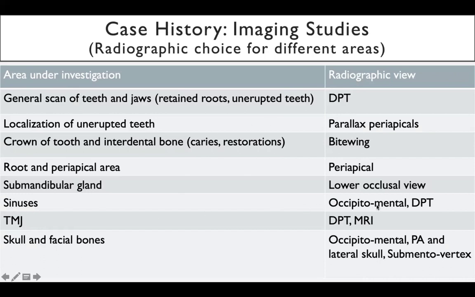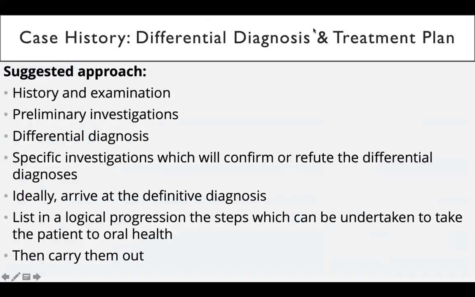We take occipito-mental, and also for skull and facial bone, we take the occipito-mental radiographic view. And then we went for differential diagnosis and treatment plan. These are the suggested approach to make a differential diagnosis and then treatment plan.